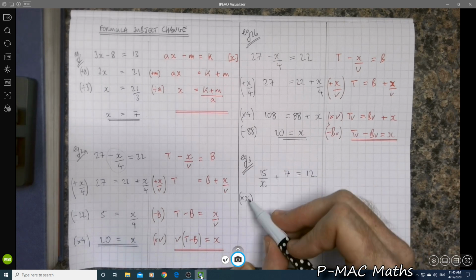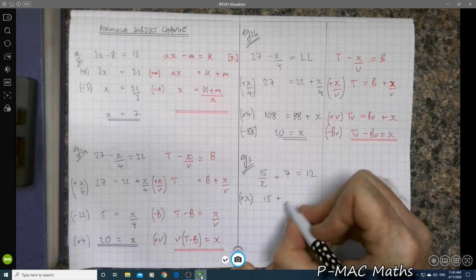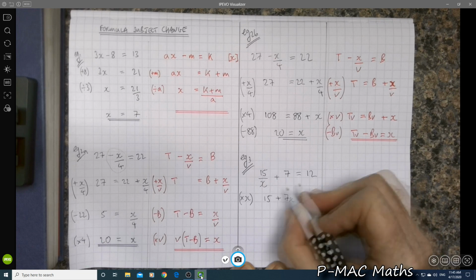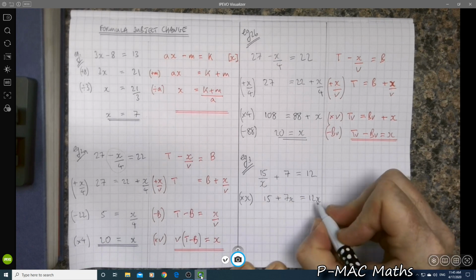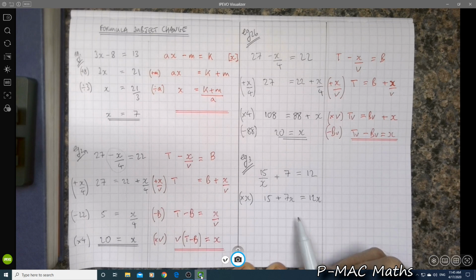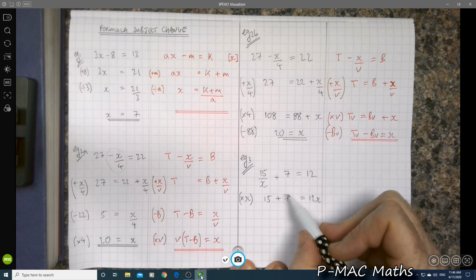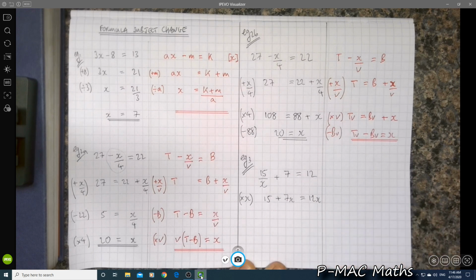15 divided by x times by x is just 15. 7 times x is 7x. 12 times x is 12x. Now I have x's on both sides of the equation here, and I've got to be a bit careful when this happens. If I'm not careful in how I choose to process the x's, I can end up having to repeat a step. So the simple rule here is you process the colder x term. 7 is colder than 12. 7 degrees will be colder than 12.